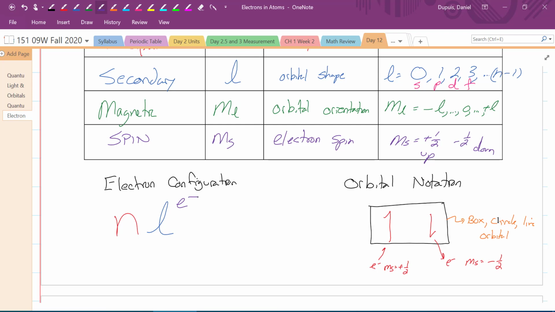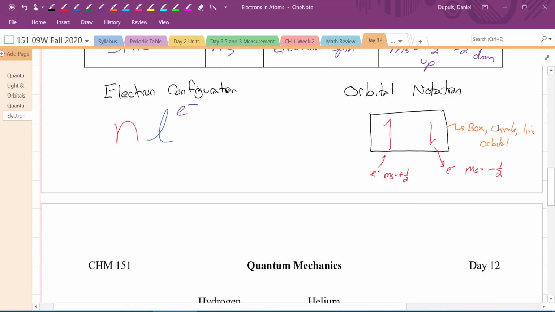But if you're taking Chem 1, that's as complicated as we need to be. If you're taking physical chem or higher, then it gets into shapes and phases and all sorts of weird fun stuff. I enjoyed it, but it's not necessarily relevant for us. So we want the electron configuration and the orbital notation. We're going to do these for some elements here.